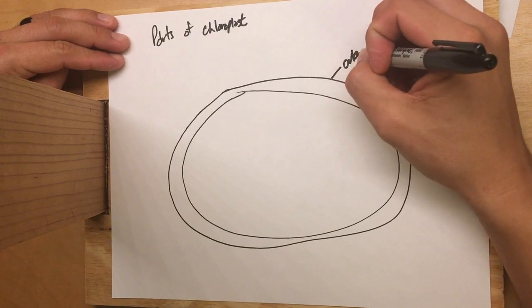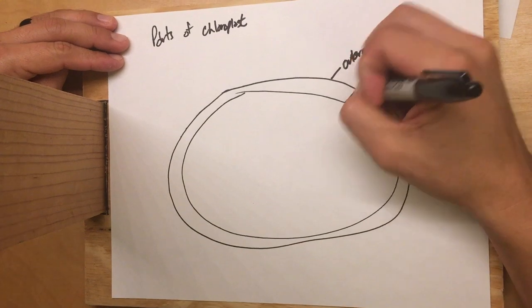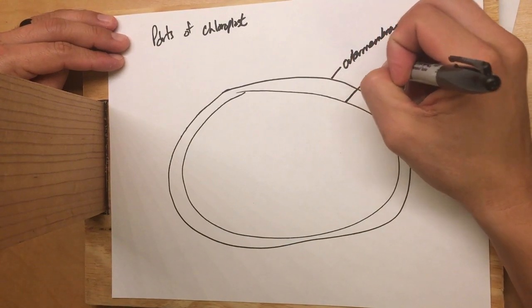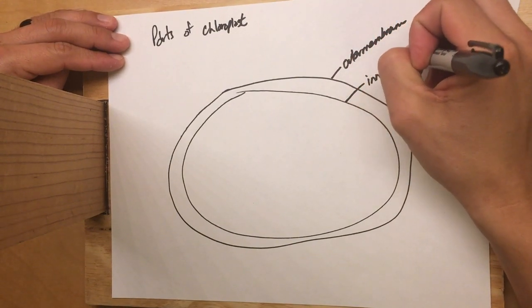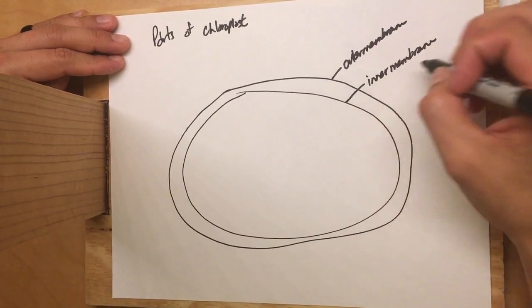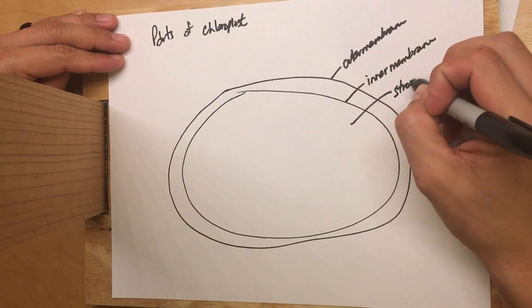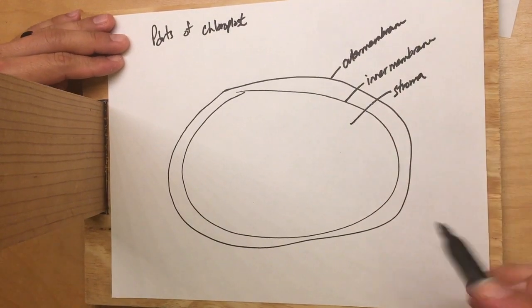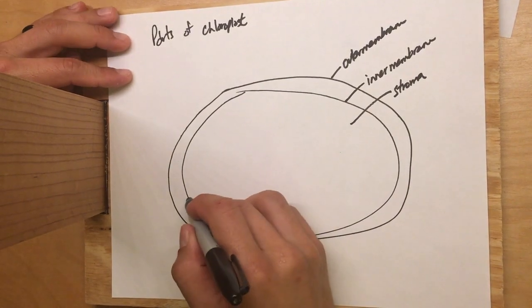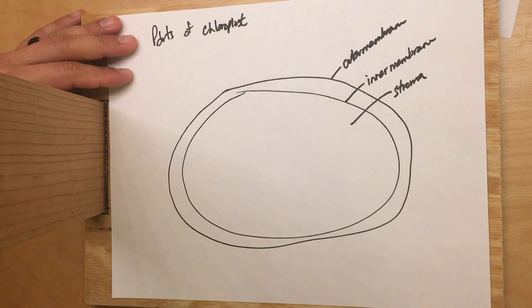This is just the outer membrane. This is the, you guessed it, inner membrane. The space on the inside, if it was a mitochondria, was the matrix. In a chloroplast, this is called the stroma. And then there's one more membrane on the inside, called the thylakoid. It's one continuous membrane that has very intricate folds.